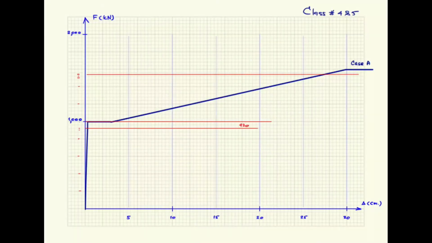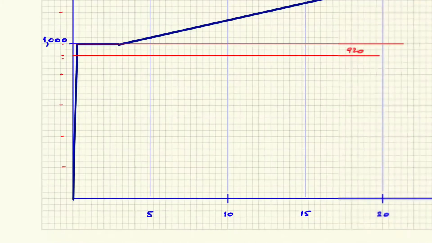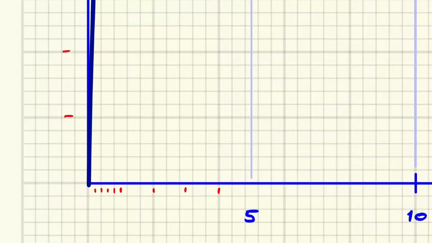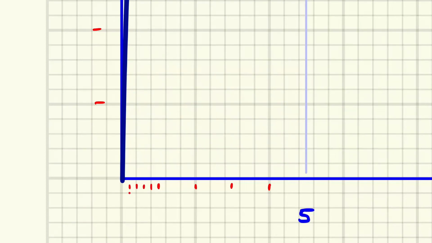If 5 is here, then here is 4, here is 3, here is 2, here is 1, right? And then this little increment: 0.2, 0.4, 0.6, 0.8, 1.